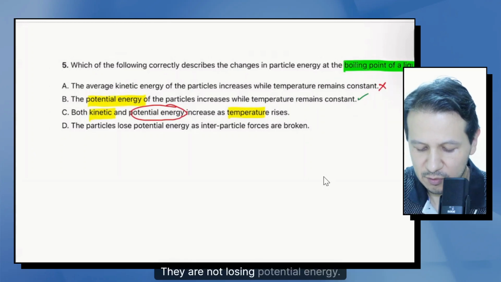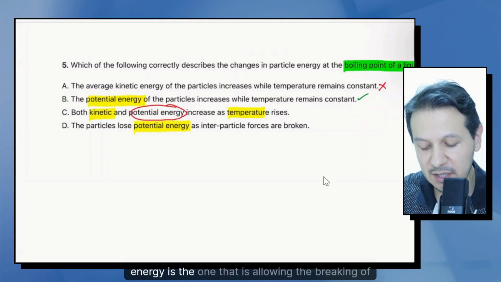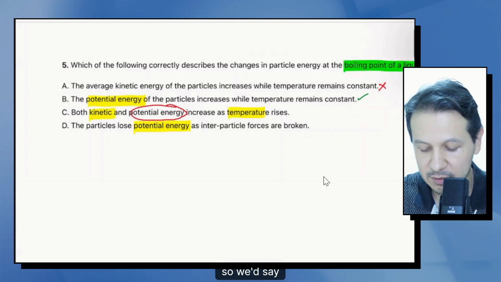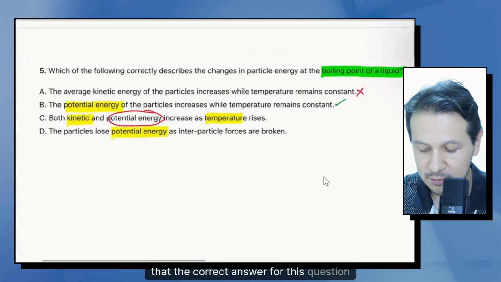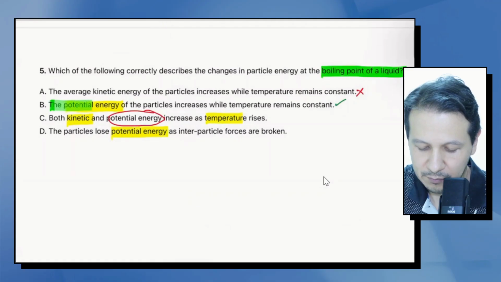They are not losing potential energy. The potential energy is the one that is allowing the breaking of these interparticle forces. So the correct answer for this question is this one: the potential energy of the particles increases while the temperature remains constant.